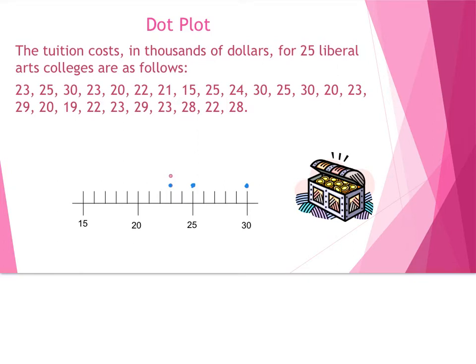Then when I hit a repeat like 23, I leave a space, and everything that has a second instance will be along that line, and all the firsts will be along there.